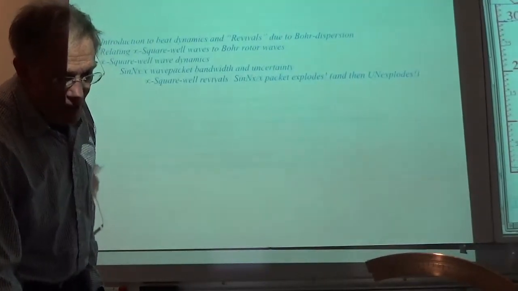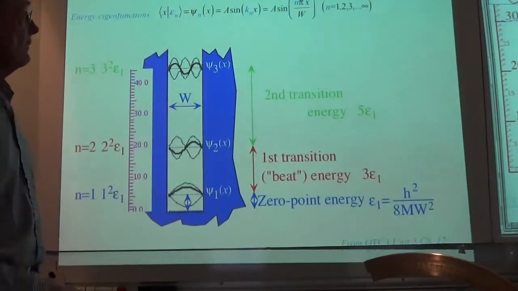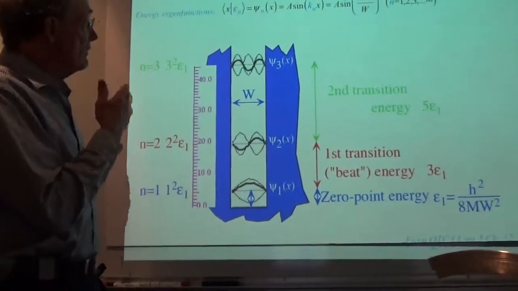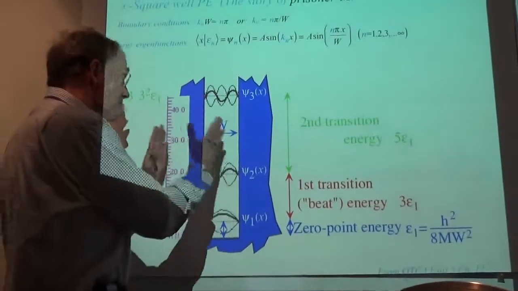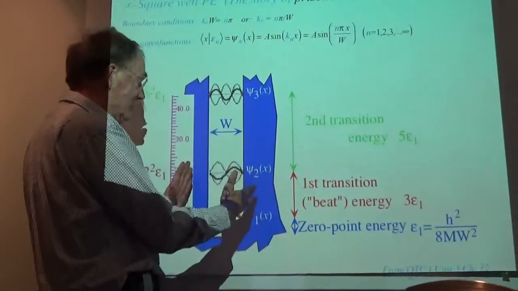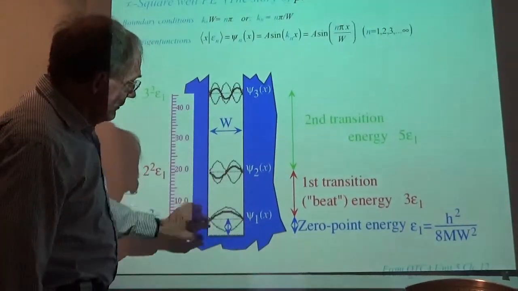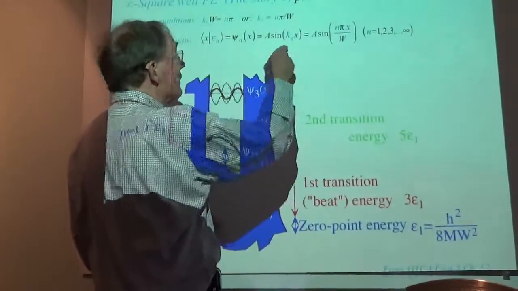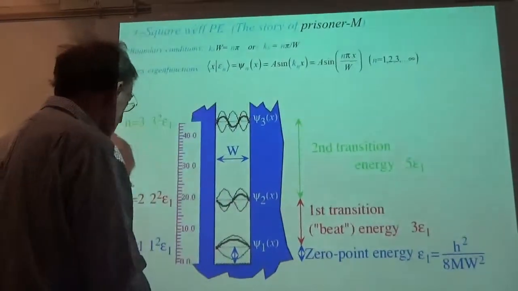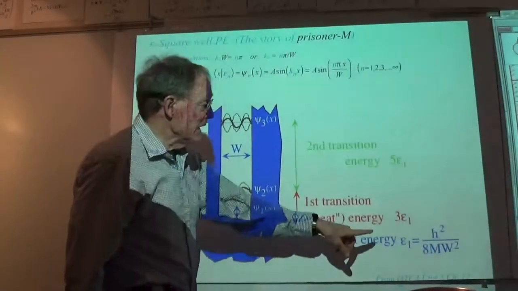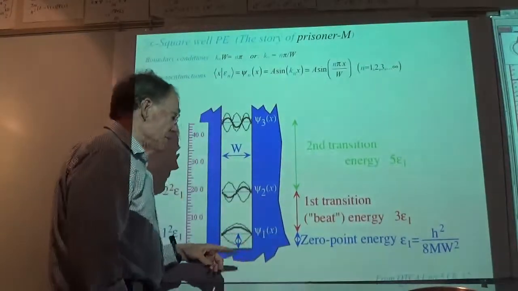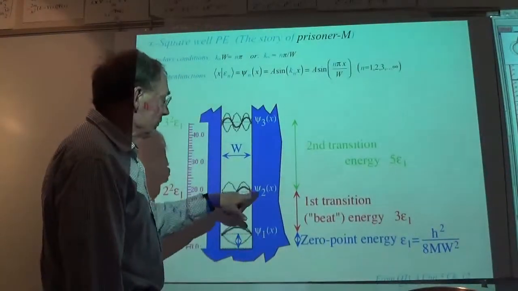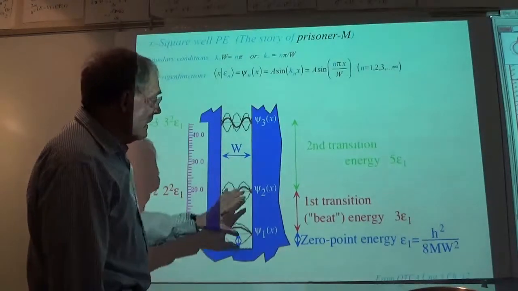Okay, now let's look at some of the dynamics. First of all, this is a picture of the maximum security prison with a zero-point energy, which we work out just from our eigenvalues that we had before, and then the next stop is this one, which is 4 of those units.